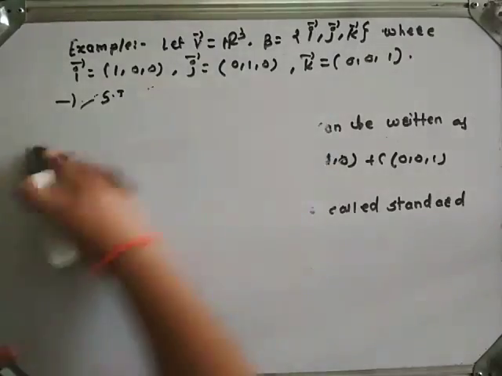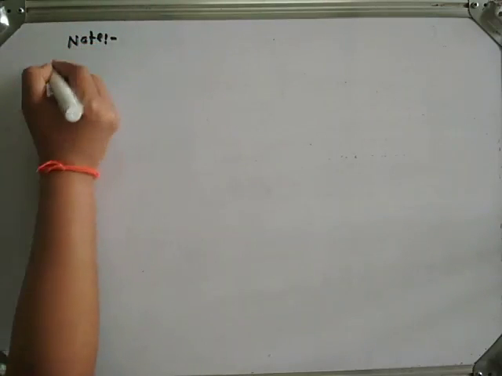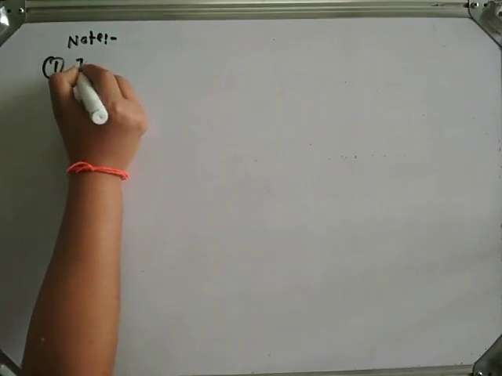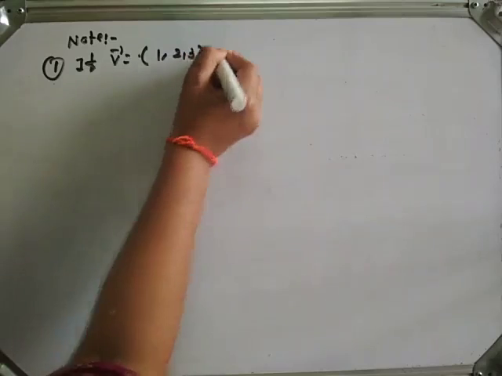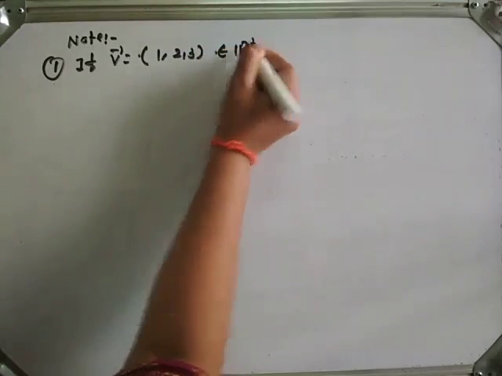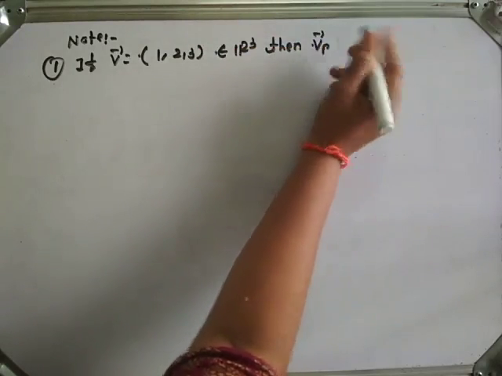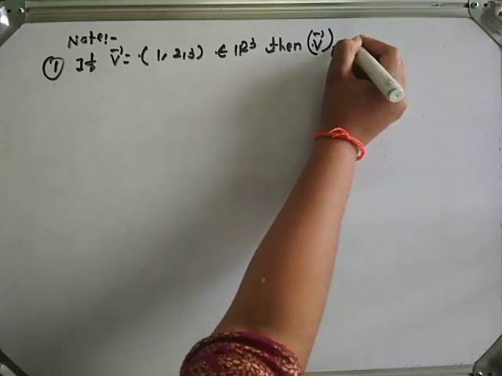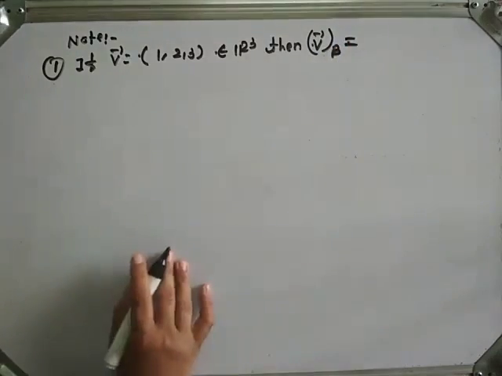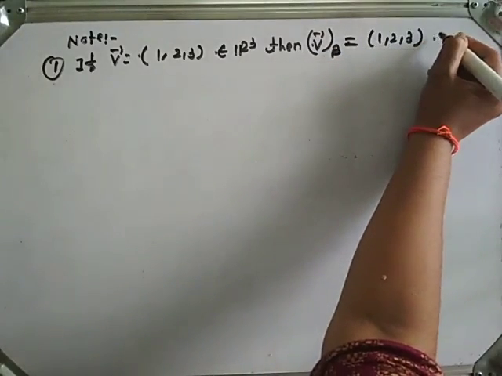Let us write down a note. The note is, first one, if V bar is equal to vector (1, 2, 3), which belongs to R3, then the coordinate vector of V bar relative to basis B is equal to (1, 2, 3).